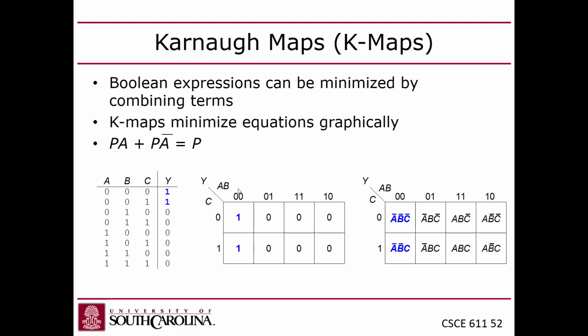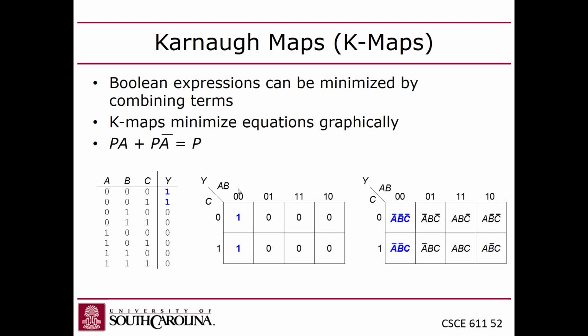And what happens if I had another one, like let's say not A, B. If I had not A, B there, I'm looking for the first two columns, because that's where A is 0. No, sorry, let me correct that.